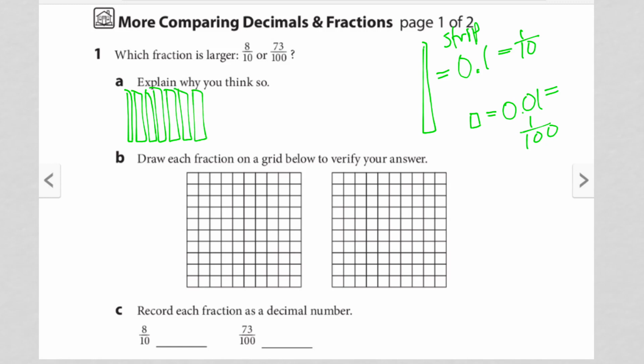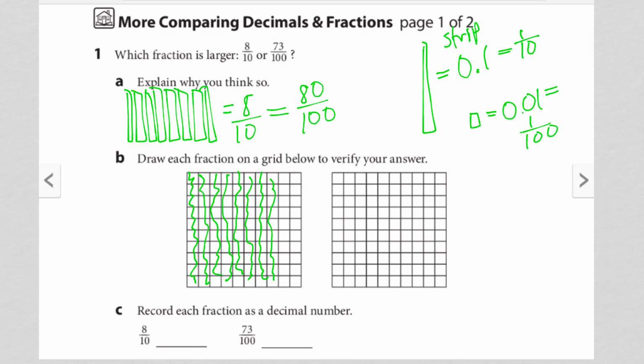1, 2, 3, 4, 5, 6, 7, 8. And so we can say this is actually equal to 8/10. And here it even tells us, let's go ahead and shade it in. So we have those 8 strips that are represented on this hundreds mat. What we're really trying to get kids to understand is that it's not 8, it's really 80 hundredths.